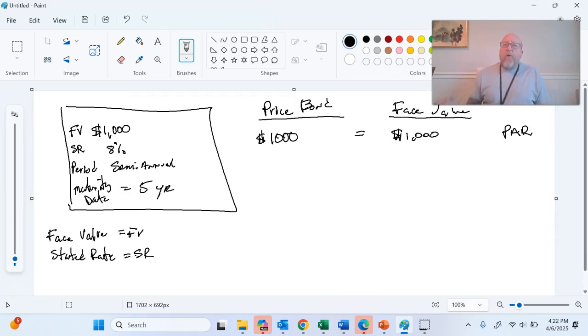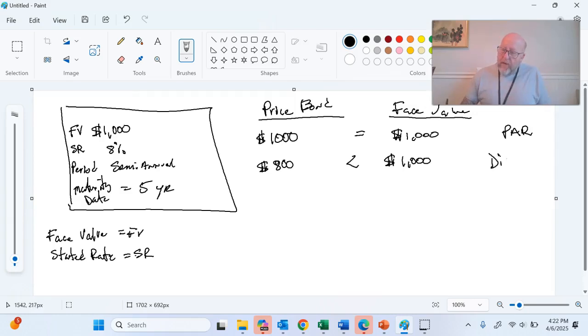Okay? Alternatively, there could be situations where the price of the bond is less than the face value, right? Again, face value of this bond is 1,000, and it could be the case that we sell a bond for something less than its face value, right?